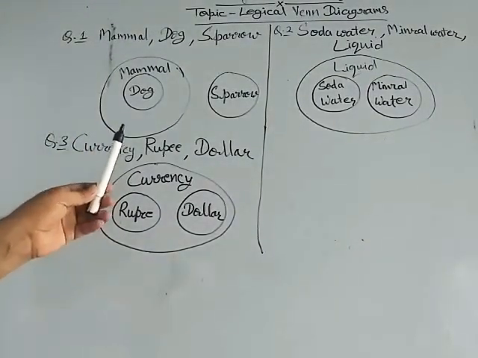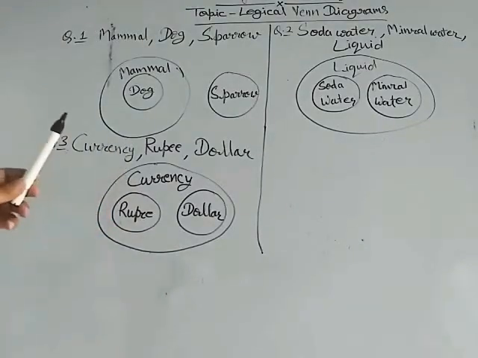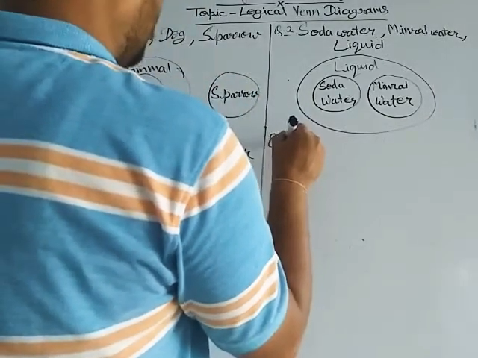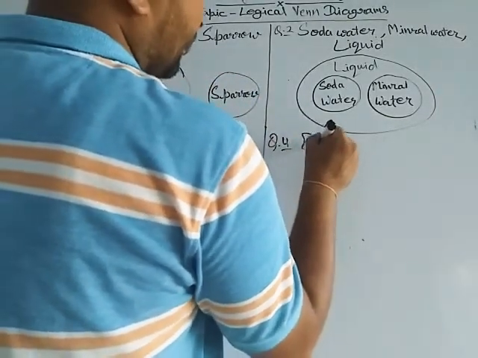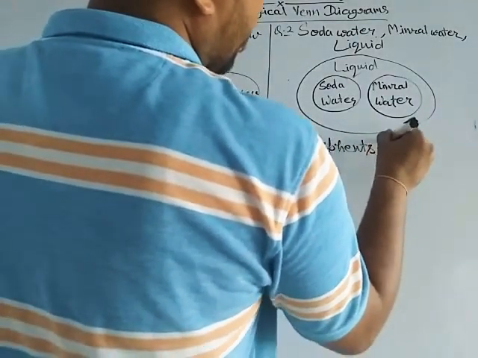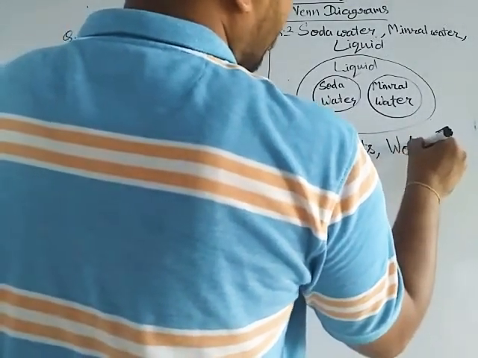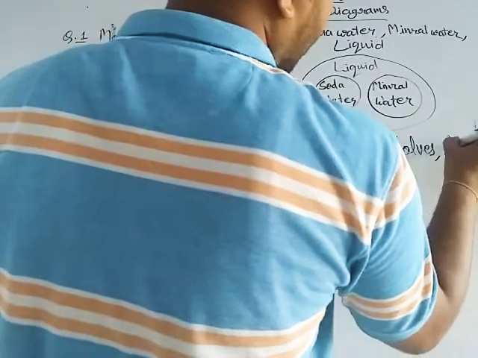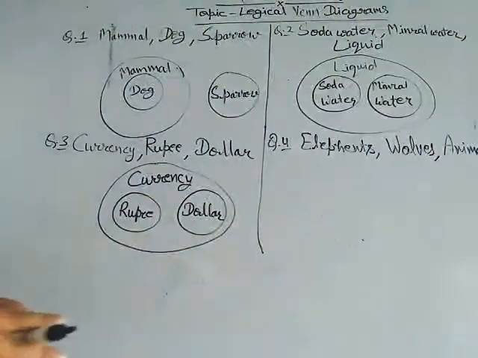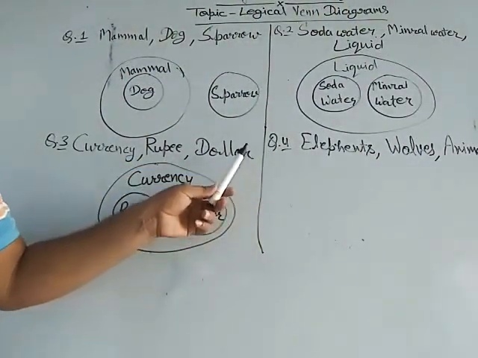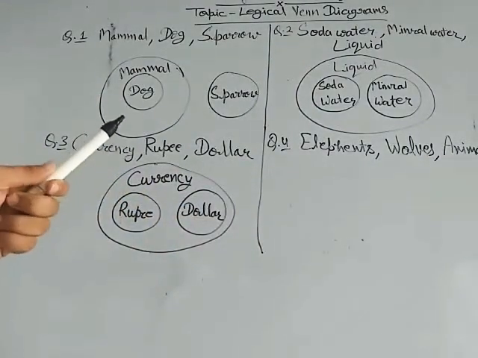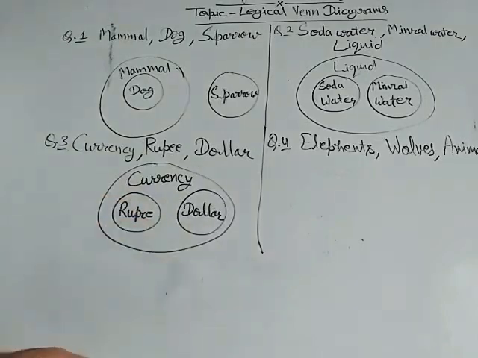Now we start the next question, question number 4: elephants, wolves and animals. We have to draw the Venn diagram for elephants, wolves and animals. Let's start.